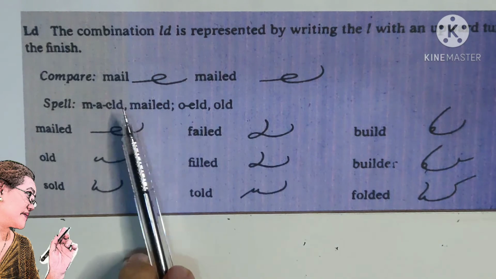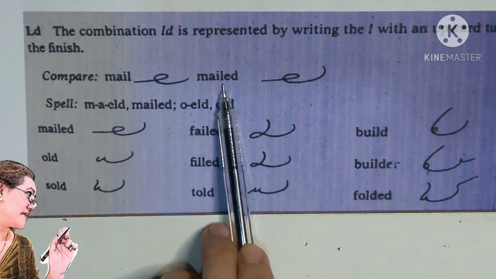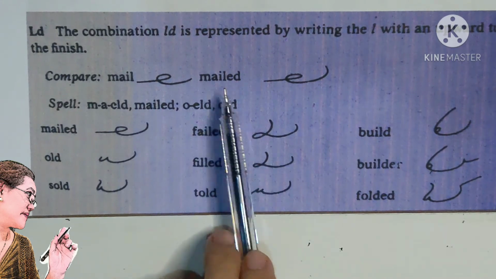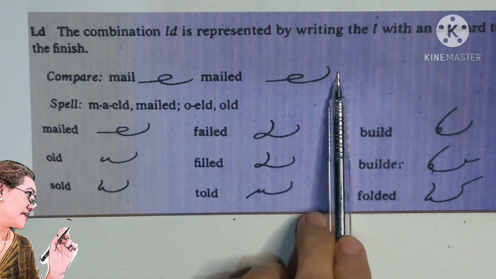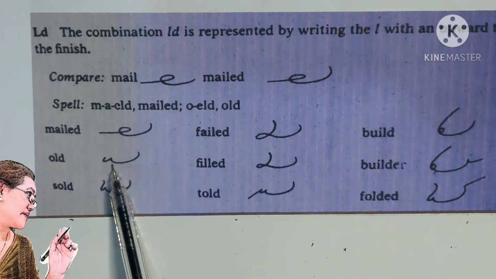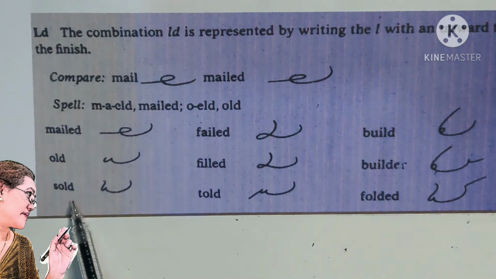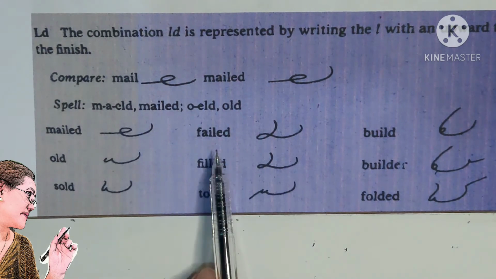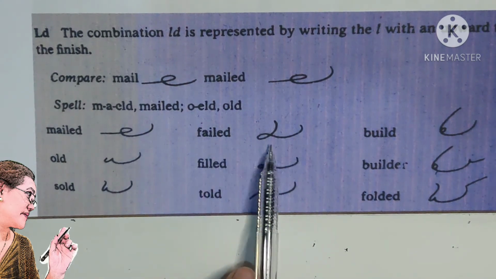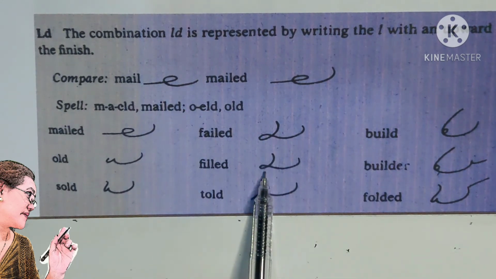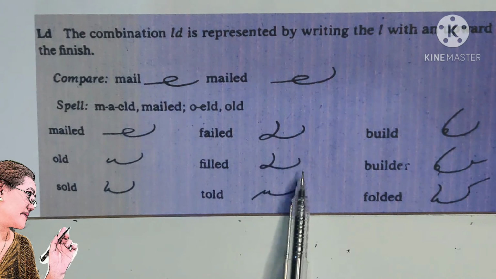Okay, compare "male" and "mailed." "Male," M-A-L. "Mailed," M-A-L-D. Okay, "old," O-L-D. "Sold," S-O-L-D. "Failed," F-A-L-D. "Field," F-E-L-D.